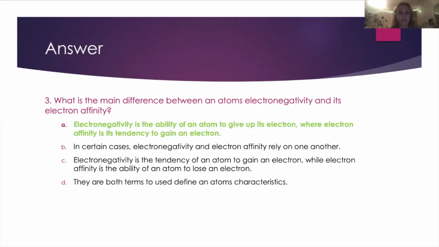The halogens have extremely high electronegativity, while the noble gases have virtually zero electronegativity. In contrast, electron affinity describes the energy change when an electron is added to an atom. The halogens, again, have a very high electron affinity, and the noble gases will sometimes have electron affinities that are negative, indicating that it's an exothermic process to remove these extra electrons from the elements.